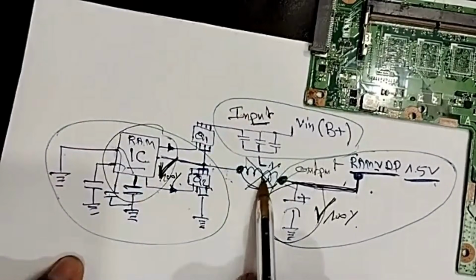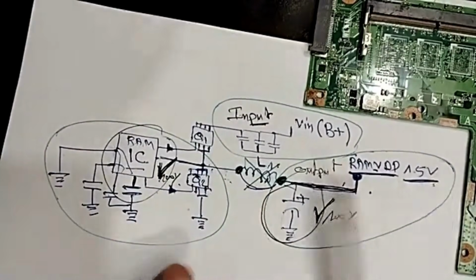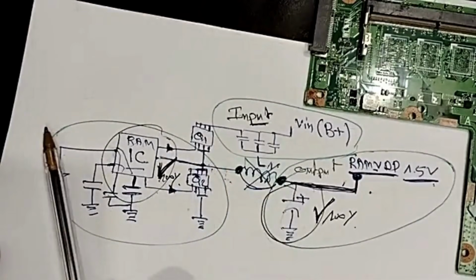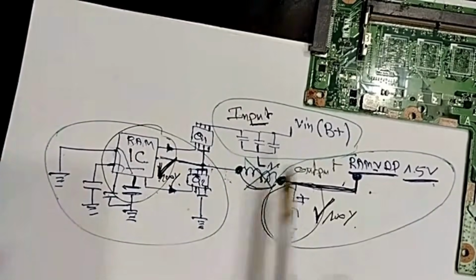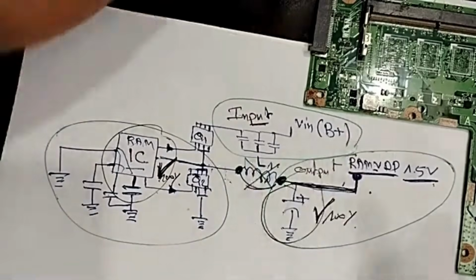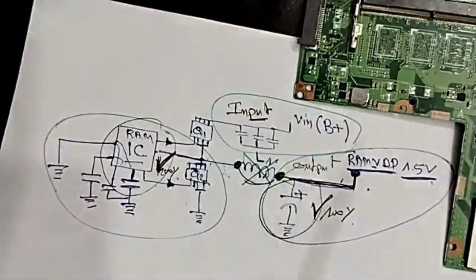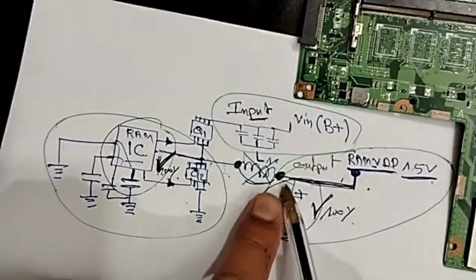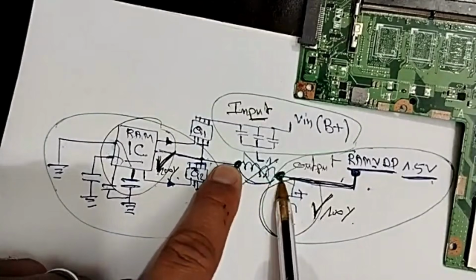Because between this circle and this circle, the only component that connects them is the coil, this one. If you desolder it and remove it, here empty, you will find the short in this point here or in this point.